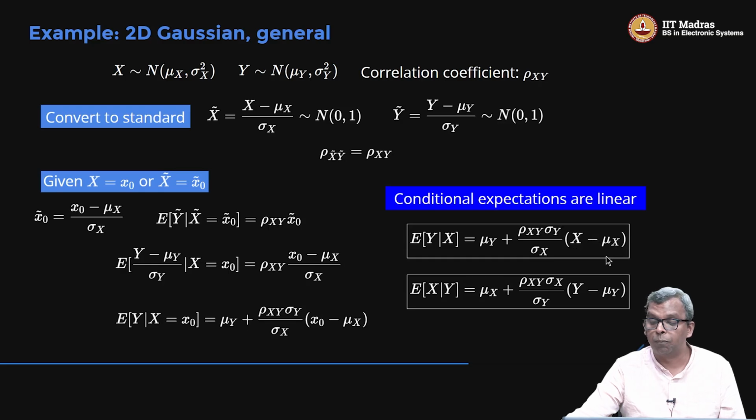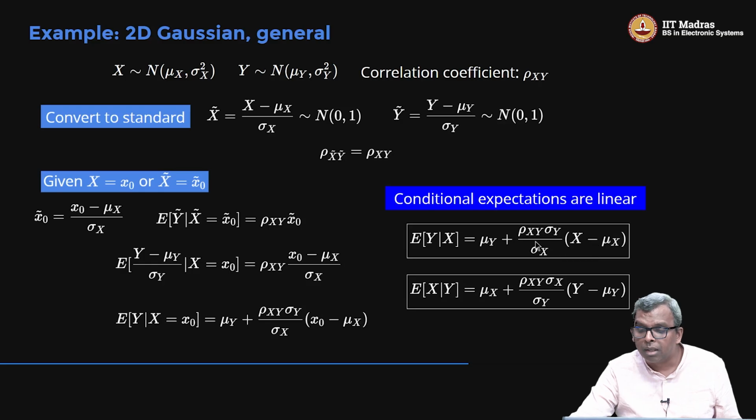Okay. Now, if you want to find the density of this, you see that it's also Gaussian, it's normal, and it has a certain mean. If you take the expected value, what happens? X itself has expected value mu x, so this part will go away, right? Is that correct? You will only end up with mu y. So this is normal with mean mu y, and variance is this guy squared, right?